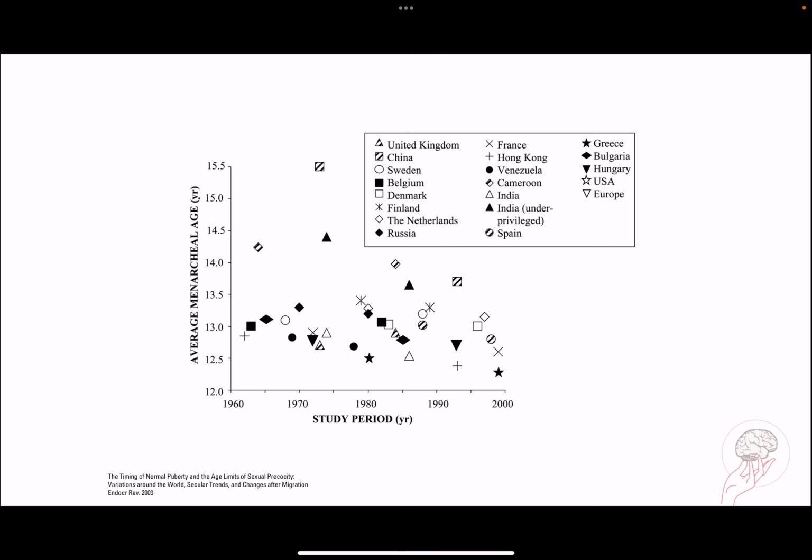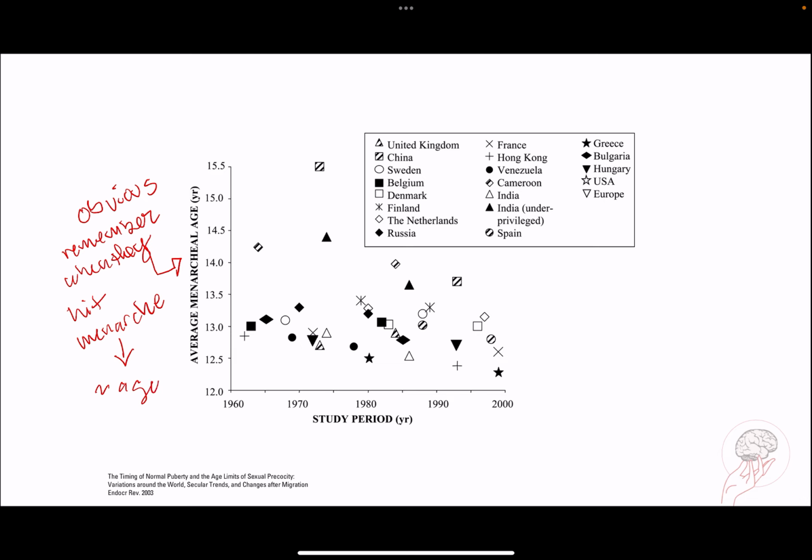And in fact, people started to notice this around 20 years ago, that the average age of menarche in girls has been decreasing. And we generally look at menarche because it's really obvious. And most women remember their first period. Probably not the exact day, but they know about how old they are or were.